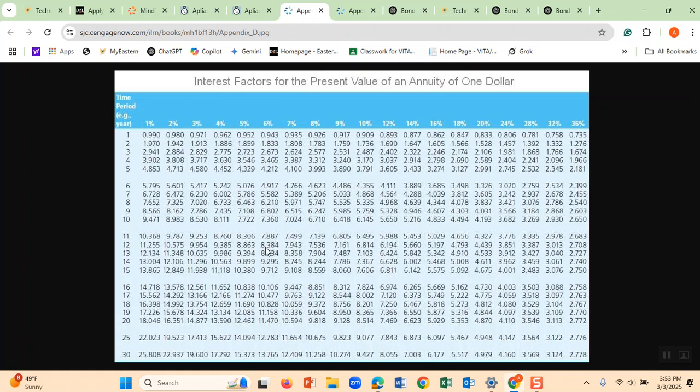Do you see here is written 8.384? It is here because 6% is here, 12 years is here, and this number means the value is 8.384. Then we have $50 instead of $100. Therefore, we multiply this by $50 to calculate our annuity value, which is this one times 50. That gives us the annuity for 50.